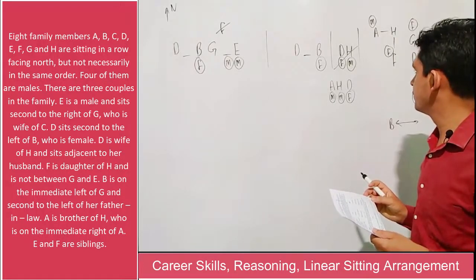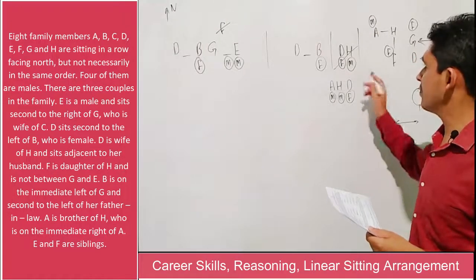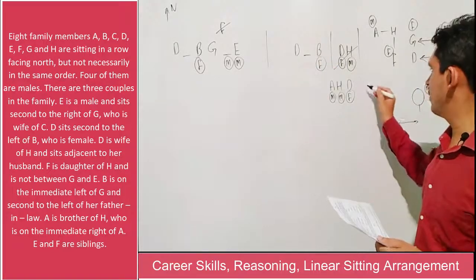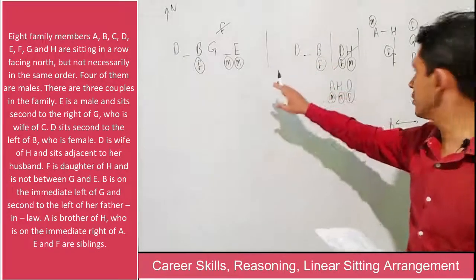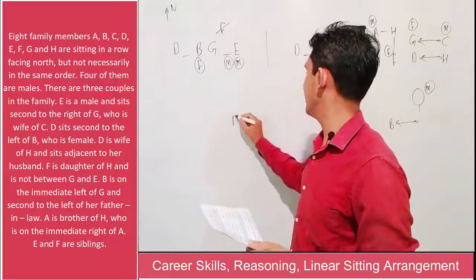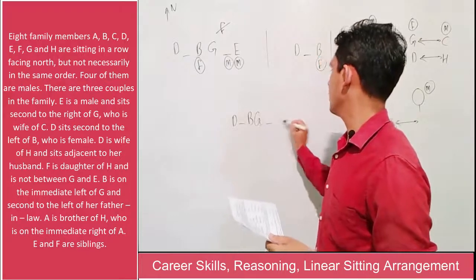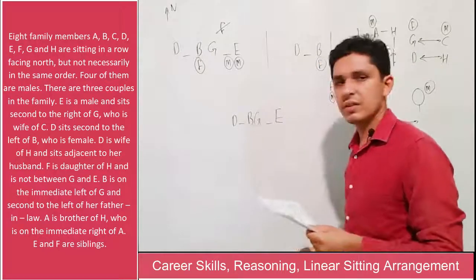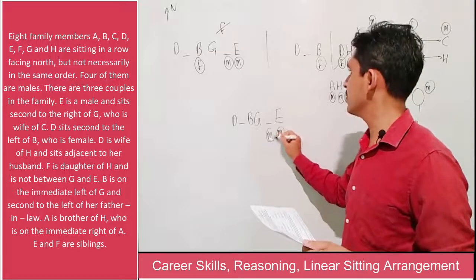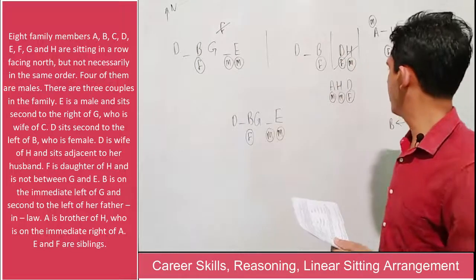Thereafter, we are given D, one gap and B, so we can use this. Okay, so now we have the final arrangement like D, one gap, B, G, one gap and E, right? Here this is male, this is male, B is a female, that is what we have got.